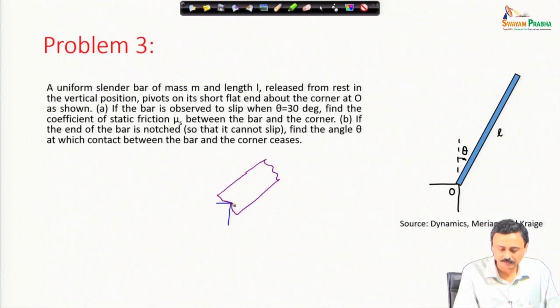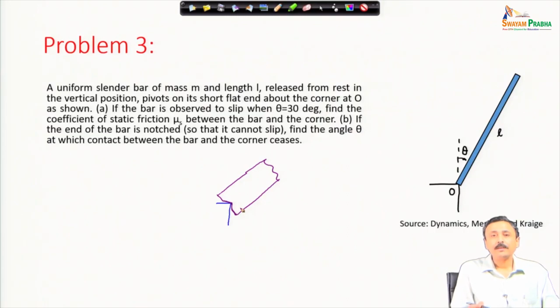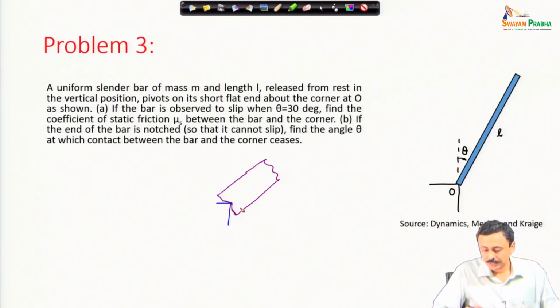Here you have a sharp notch, and pivoting about this does not rely on friction. It is the normal force which maintains the contact, and it will not slip because there is a notch and the corner sits on that notch, or the bar sits on the corner at the notch.